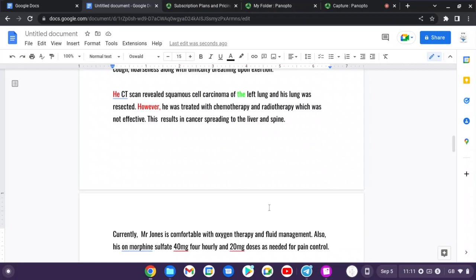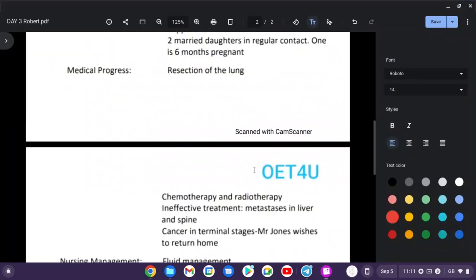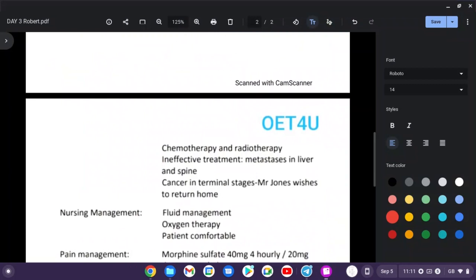Currently, Mr. Jones is comfortable with oxygen therapy and fluid management. So also he is on morphine sulfate 40 mg 4 hours and 20 mg doses as needed for pain control. So is it current management or just fluid management? So you should write it.